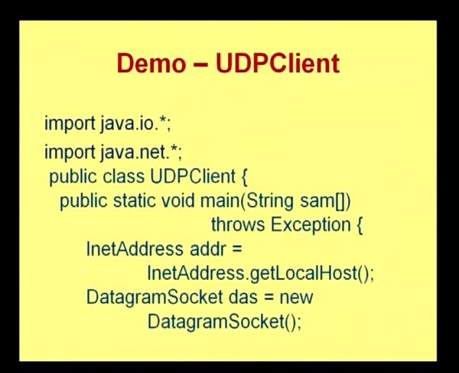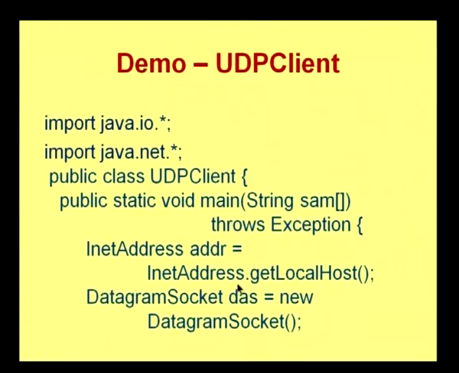Here we have a demo program. You can see we import the io package and the net package. We have a UDP client program, and this is your main method. Here I am specifying that it throws Exception, as we have many exceptions, such as UnknownHostException and IOException, which may be raised while executing a network program.